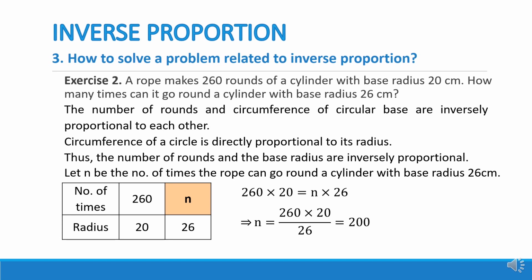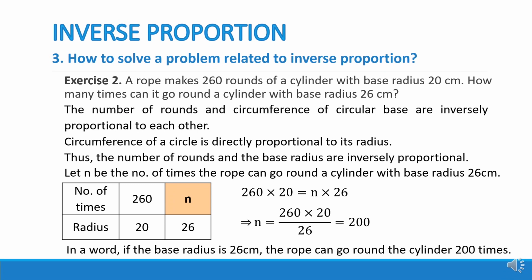Now we have n is equal to 200. In a word, if the base radius is 26 centimeters, the rope can go round the cylinder 200 times.